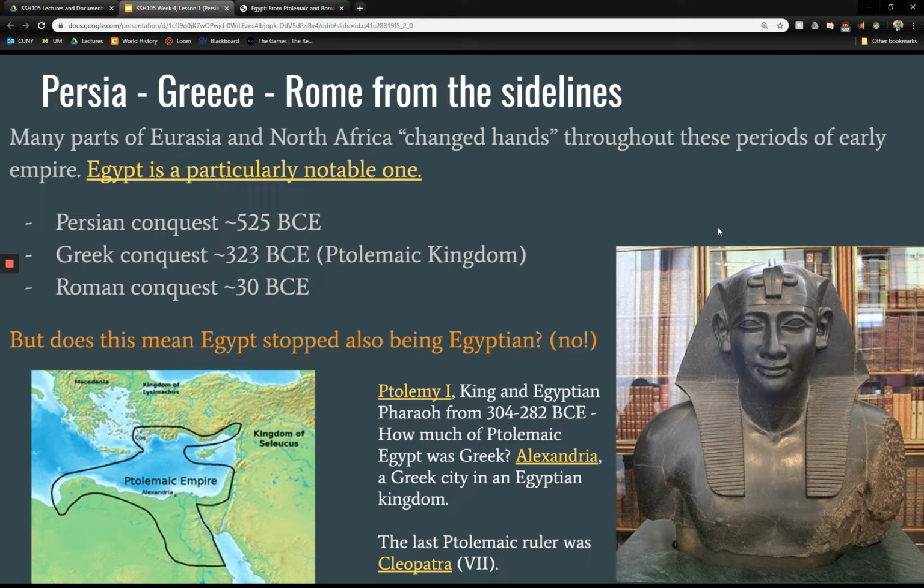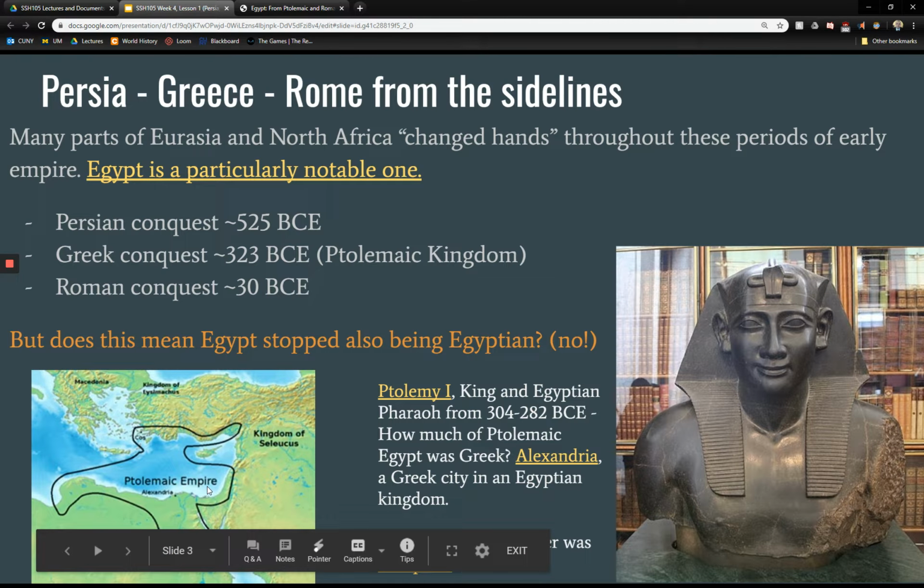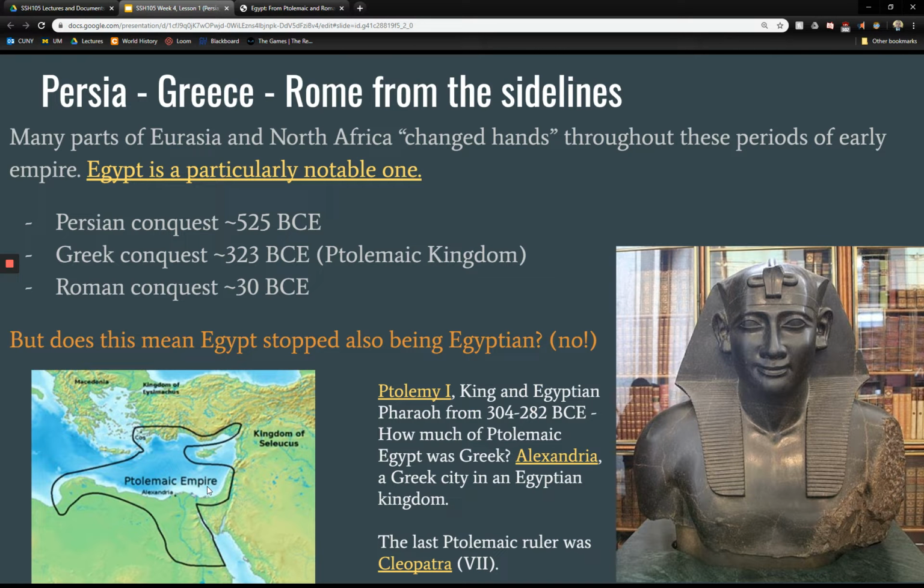So Alexandria is the center of Greek culture in Egypt, and the rest of Egypt, and you see Alexandria here in the north, the rest of Egypt along the Nile basically becomes more and more Egyptian and less Greek the further out of Alexandria you go. I think that would be a fair way to put it.